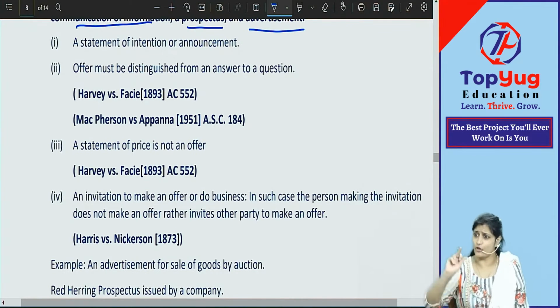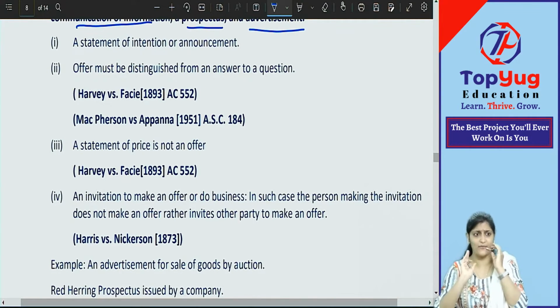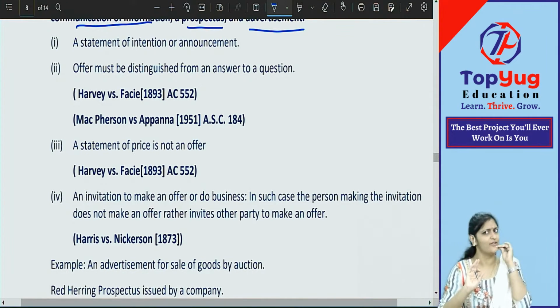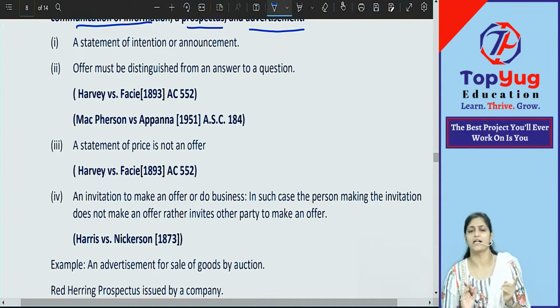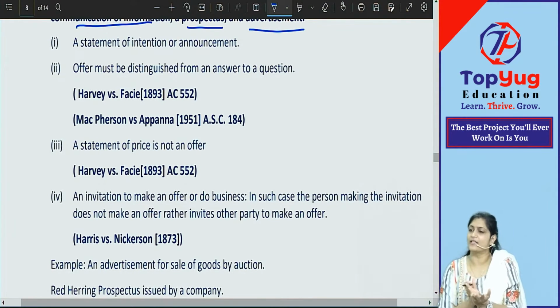Now, can that son-in-law go to court of law and file a case? No. Whatever he said was a mere statement of intention. He was just expressing his views. But did he want to get into any contract there? No. So you should not be confused between mere statement of intention and offer. Offer is something where that party actually wants to get into that promise, that he will definitely do it.